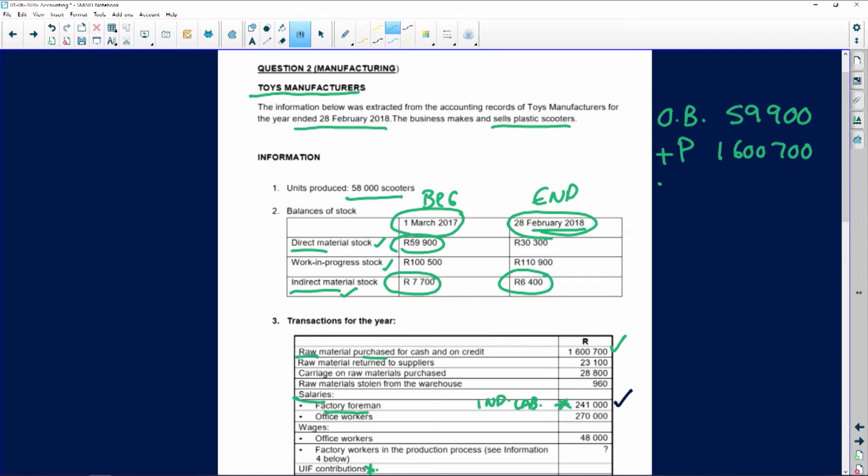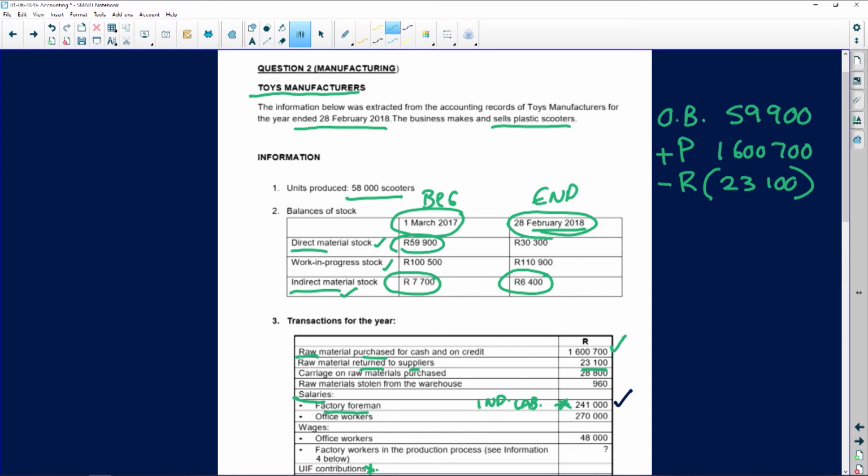Then, was there any returns? So remember, if there's returns, you're going to obviously subtract your returns. So raw materials returned to suppliers, 23,100. So minus returns, 23,100. Okay, I'm just going to put that in brackets so I know I'm going to subtract.